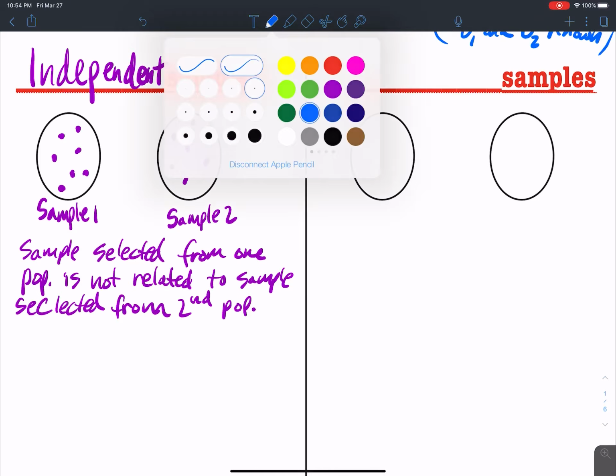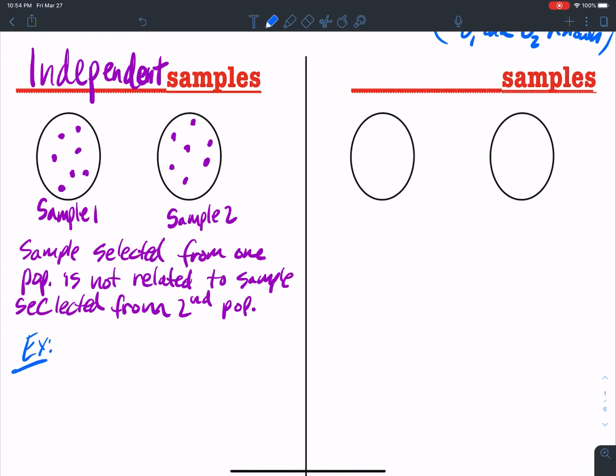So what do I mean by this? Here's an example. Say we have a sample where we're talking about systolic blood pressure. So the blood pressure of 30 females is sampled.